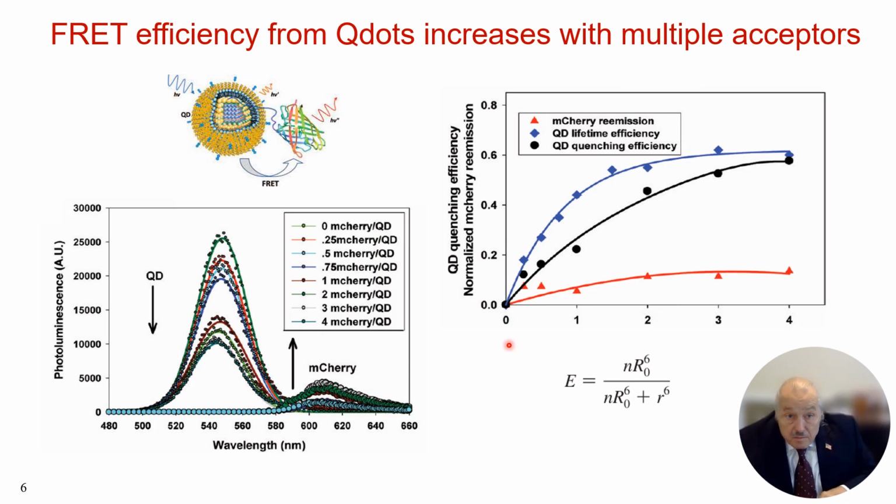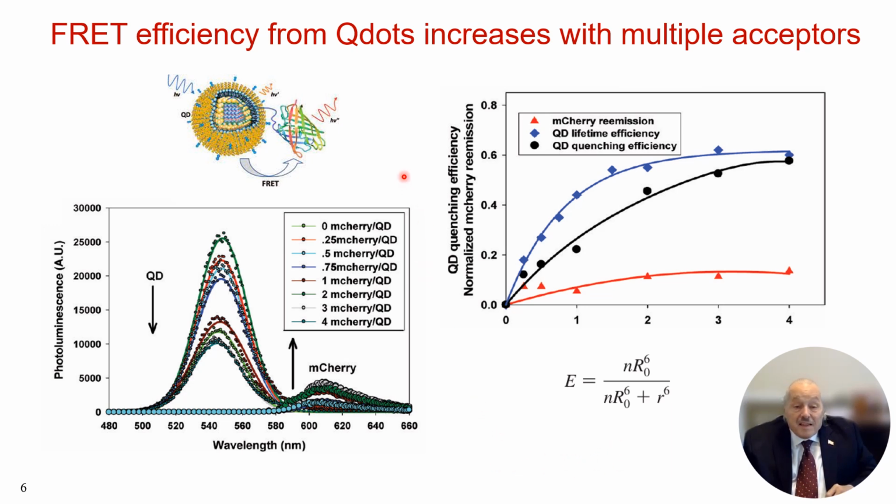A theme of what we're going to be discussing is the FRET efficiency when you have multiple acceptors. We didn't deal with that in the previous lectures because it's sort of complicated. This would be the equation if you had n acceptors at exactly the same distance around a quantum dot. They might not be at exactly the same distance.